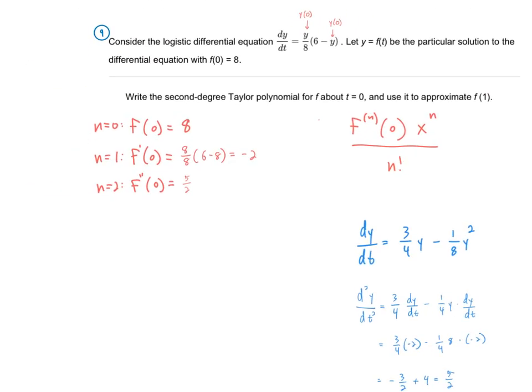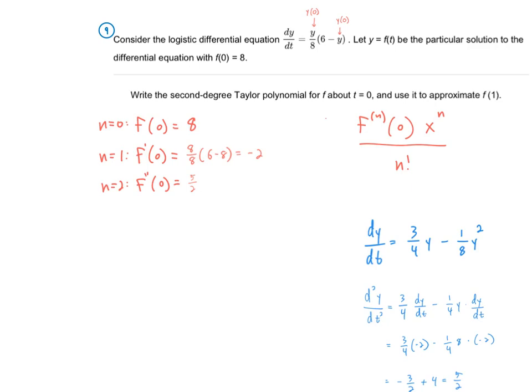Okay, so now that we got all those derivatives, now we can write these out. So the Taylor polynomial is going to be 8, just the function. And then the next one will be negative 2 times x.